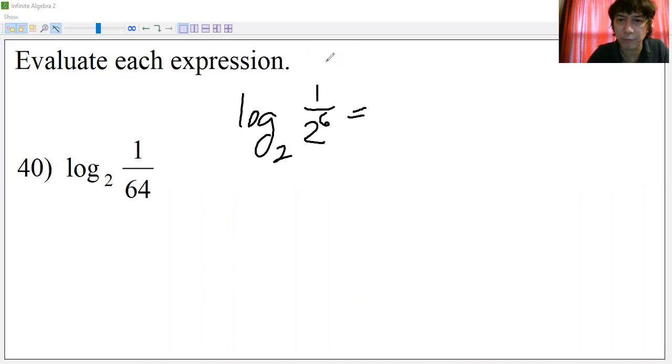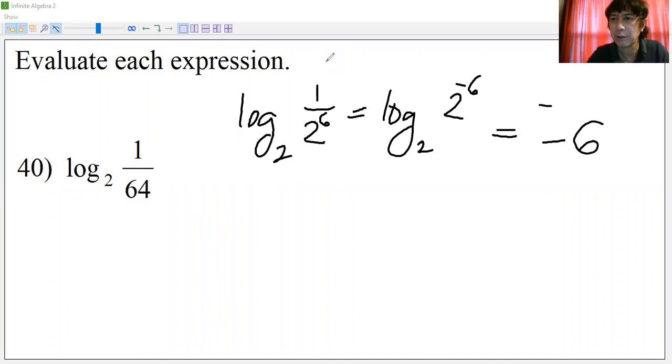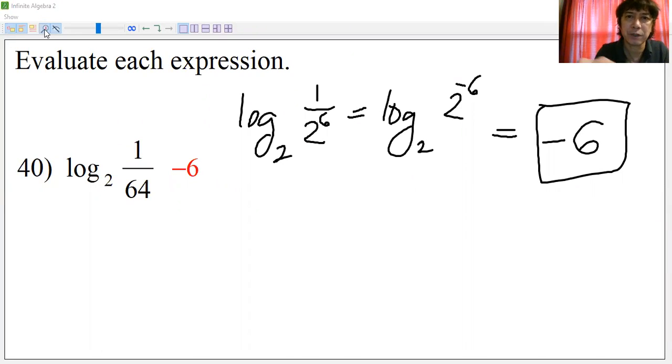And so this is equivalent to logarithm to the base 2, 2 to the negative 6. And we now have the answer. It's a negative 6. That clearly is the answer. It's a negative 6, over here. That means we are correct.